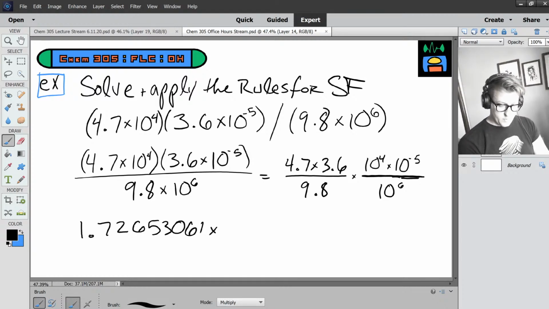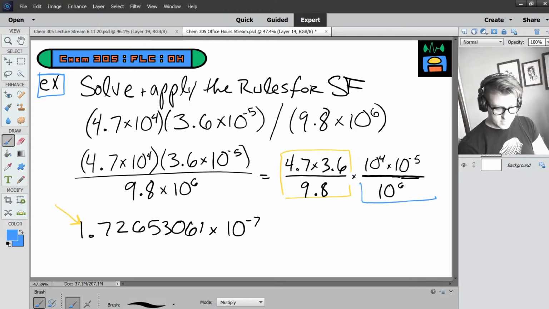And then when I do 10 to the 4th times 10 to the negative 5th divided by 10 to the 6th, that comes out to be 10 to the negative 7th. So this part right here is there, and this part right here is there.